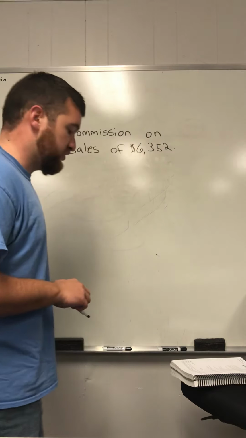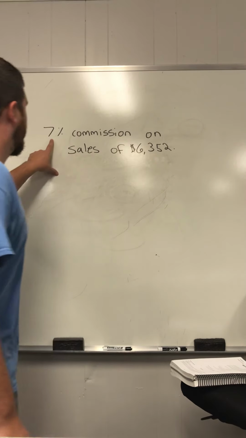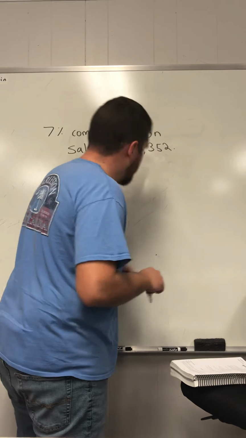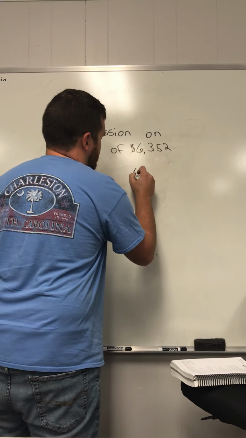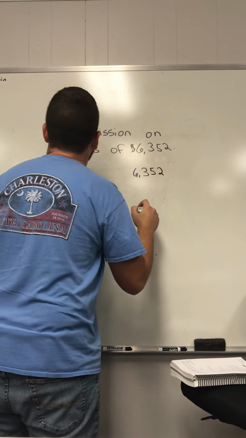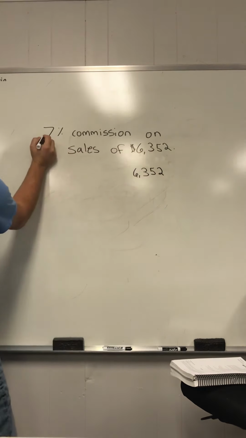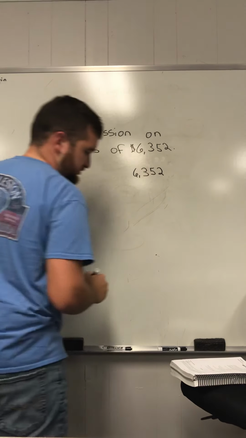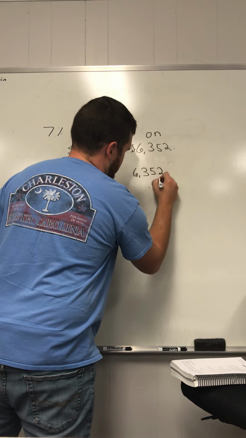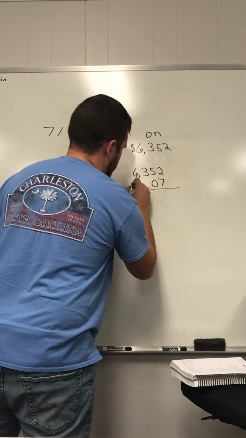Well, very simple. All we have to do is get rid of the percent, which we did yesterday. So we're going to go 6,352. Remember decimal, move it over 2 places. So we're going to go 0.07 times.